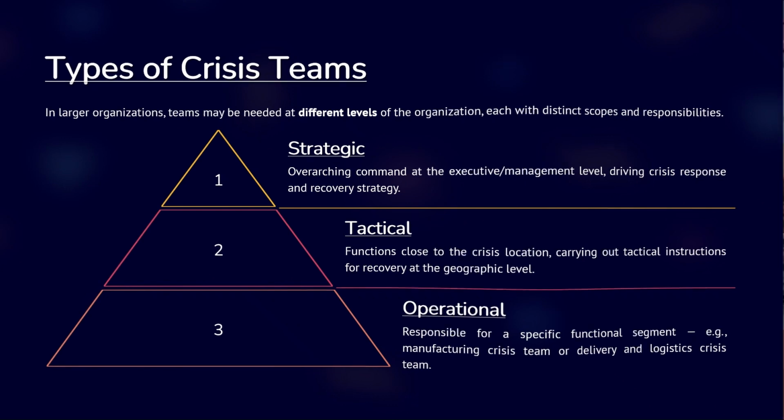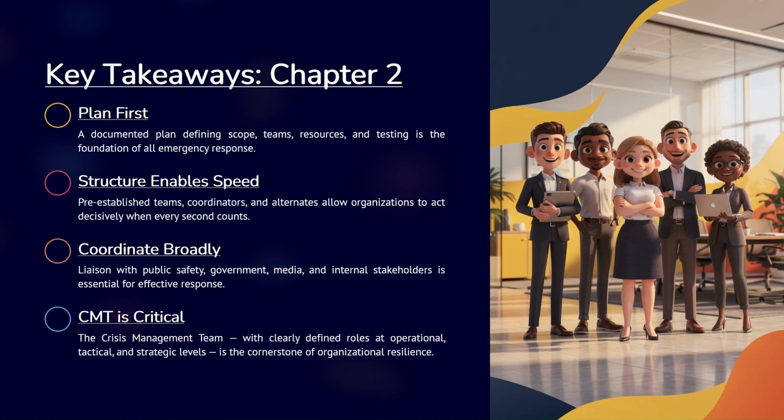To conclude Chapter 2, effective event response and management begins with planning first. Organizations must design response plans, define roles, and prepare teams before an incident occurs. Clear structures enable speed. When roles, authority, and coordination mechanisms are defined in advance, response actions are faster and more effective during real events.